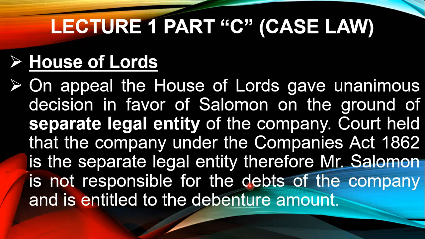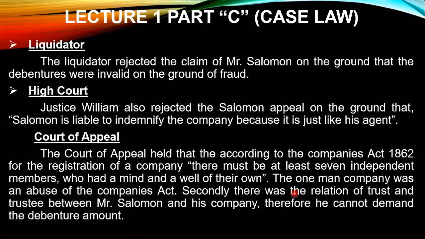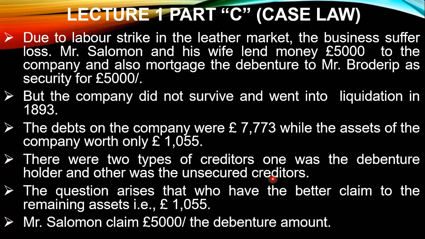And Mr. Solomon is not responsible for the debts of the company and is thus entitled to the debenture amount. So although Mr. Solomon did not get all the 5,000 pounds, still he got 1,055 pounds from the company.